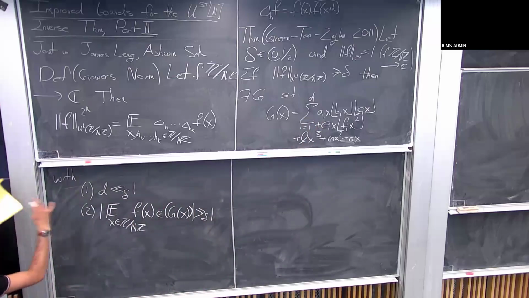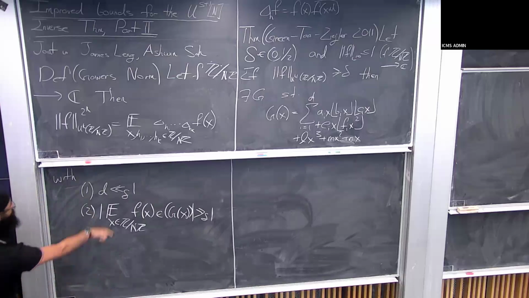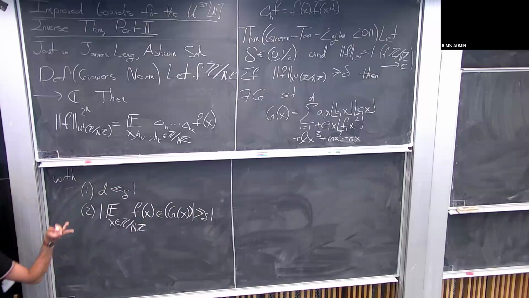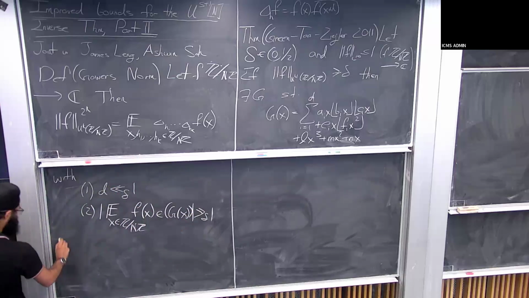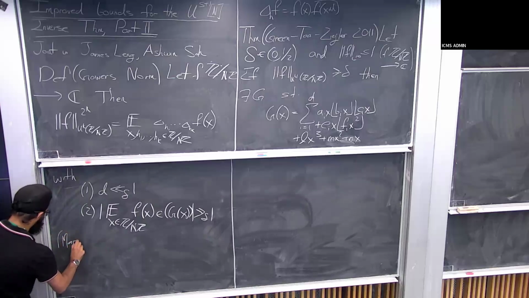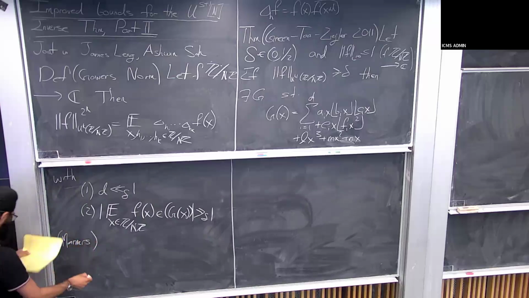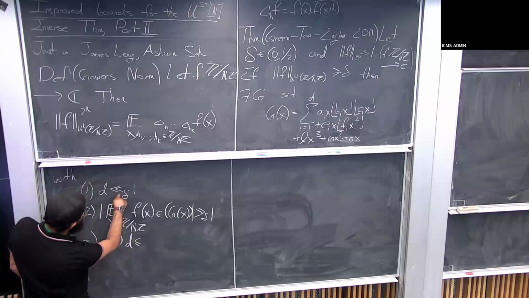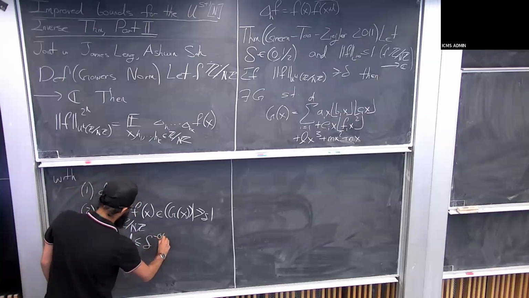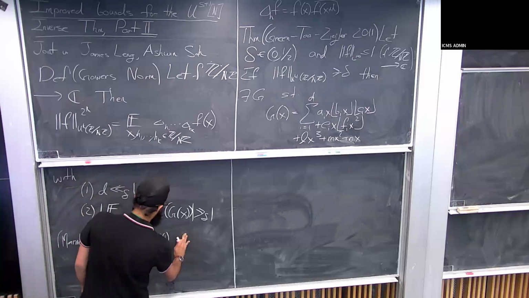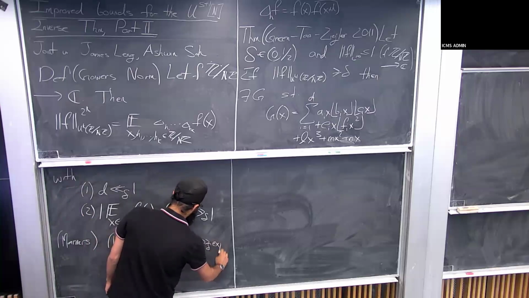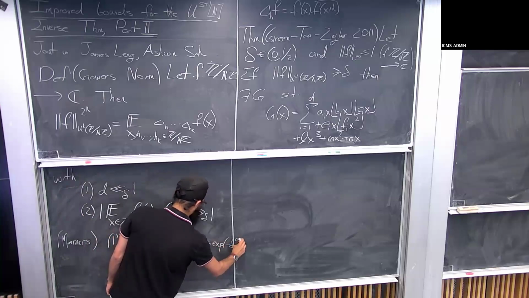As originally stated, I think in this form, these bounds were tower type. Then work of Manners in 2018 vastly improved the state of affairs. He could take D to be O_delta(1) and the correlation to be bigger than exponential.